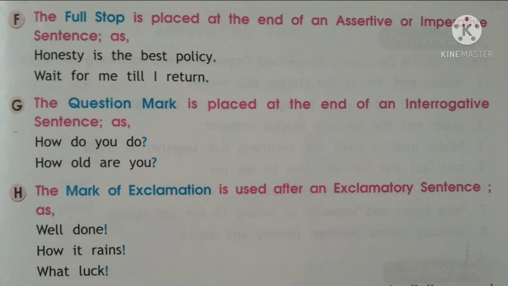You scream and you show your surprise and you are praising someone, so you put an exclamation mark. "How it rains!" You want to express the rain, how it is falling, so you put an exclamation mark. "What luck!" And you put an exclamation mark. All these are sudden experiences and happinesses that we need to show.